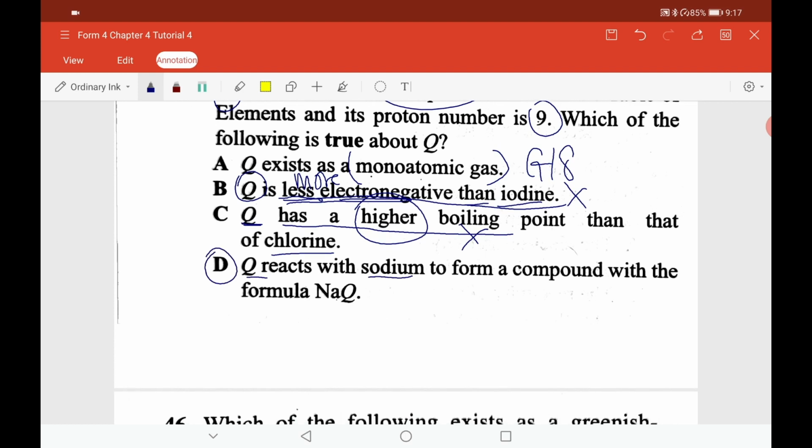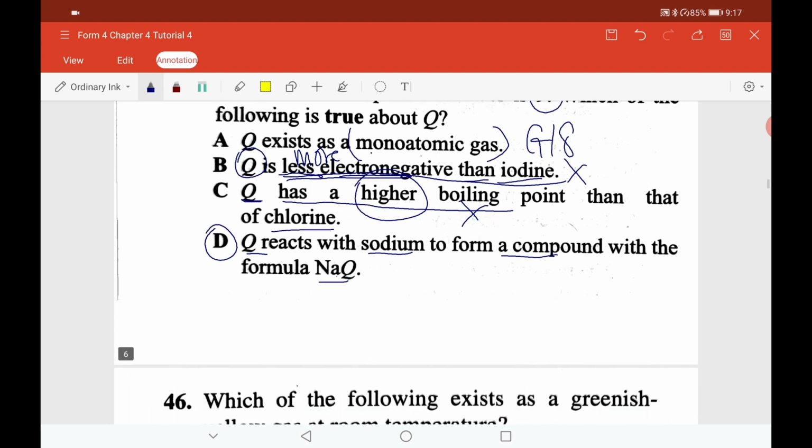Q can react with sodium to form a compound which is NaQ. Okay, so this is true, because we can use chlorine to predict. Chlorine combined with sodium, you form sodium chloride, right?